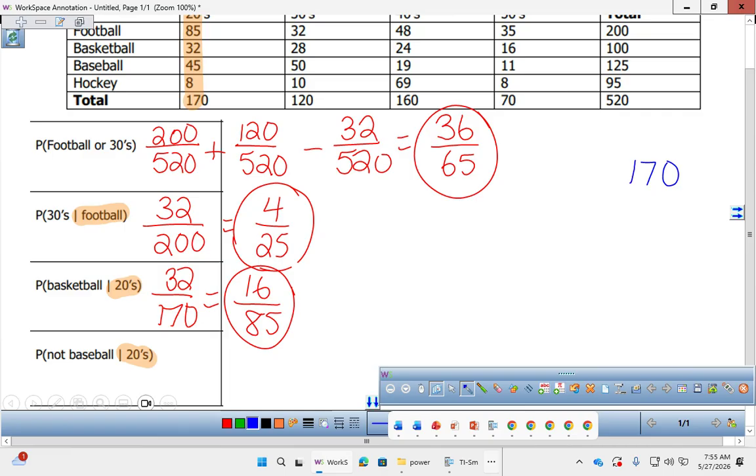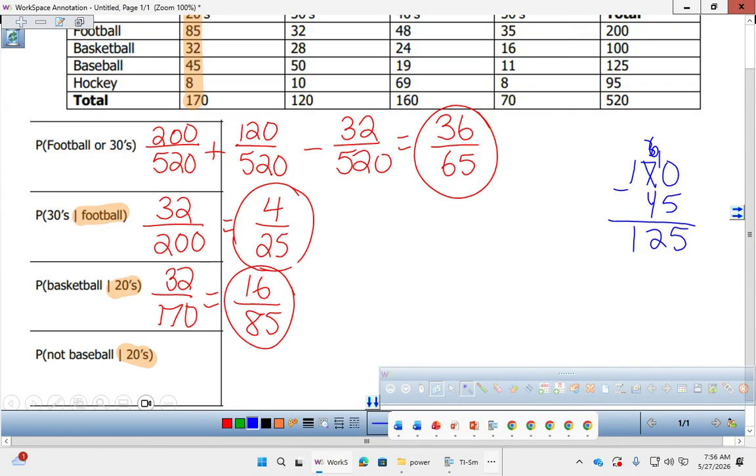That's the total people in this category. And the baseball people in this category is 45. So I'm subtracting the baseball people out of this category. I'm looking at 125 people, not baseball. The other way you could do it is just add football, basketball, and hockey.